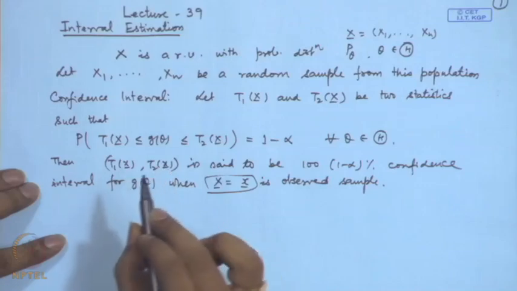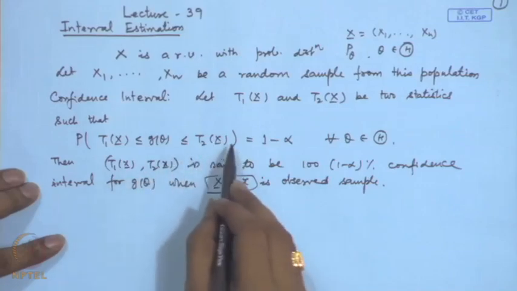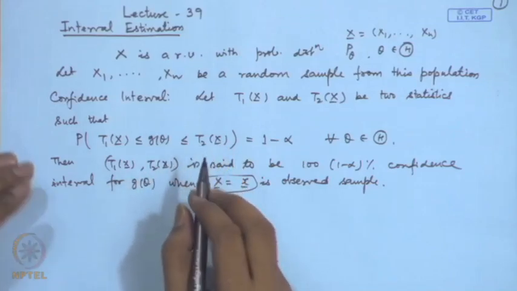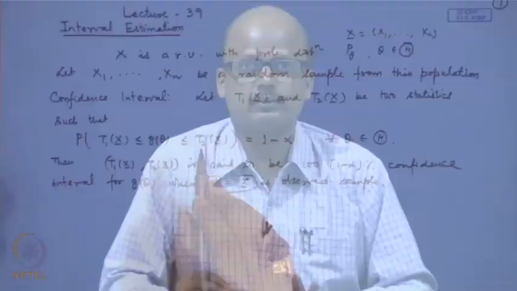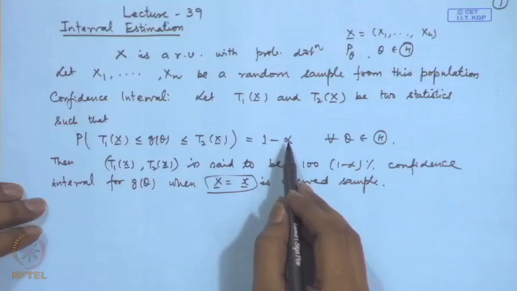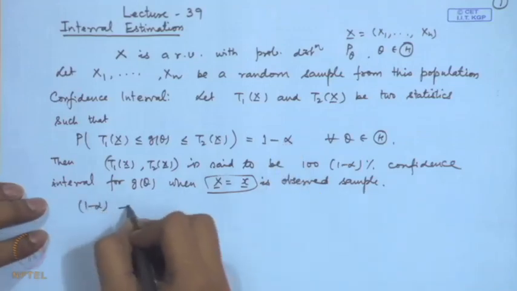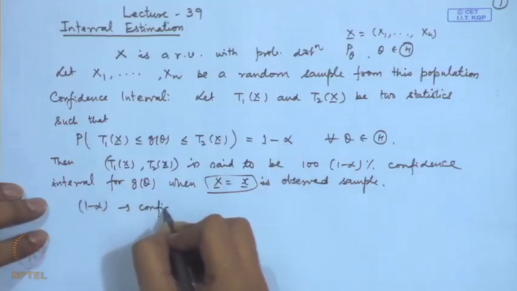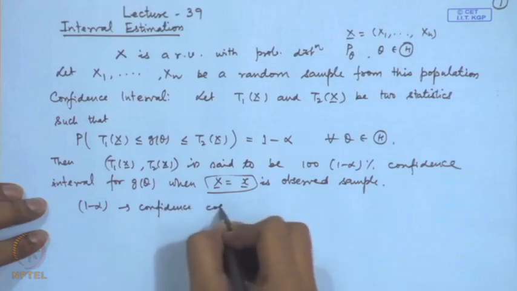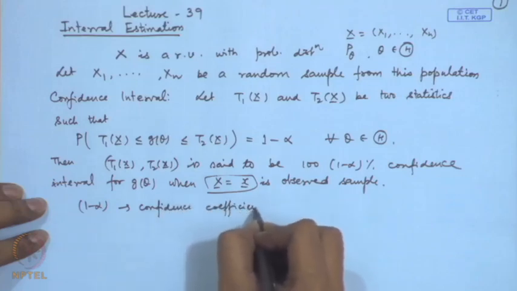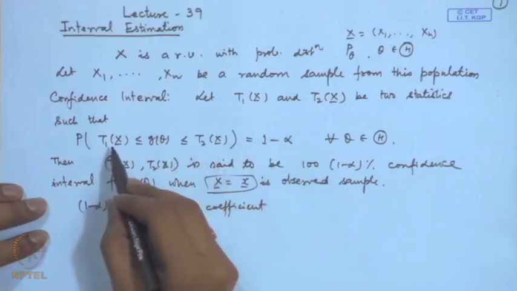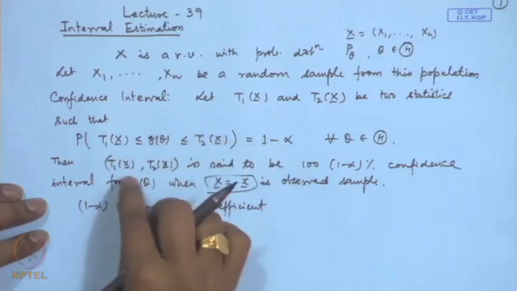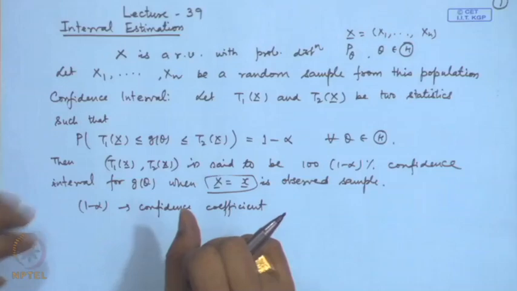Now, naturally the problem of finding the confidence interval reduces to the problem of finding the shortest length confidence interval with a given confidence coefficient, where this 1 minus alpha is called the confidence coefficient. That means, given 1 minus alpha, we should find T1, T2 such that T2 minus T1 is the shortest length.